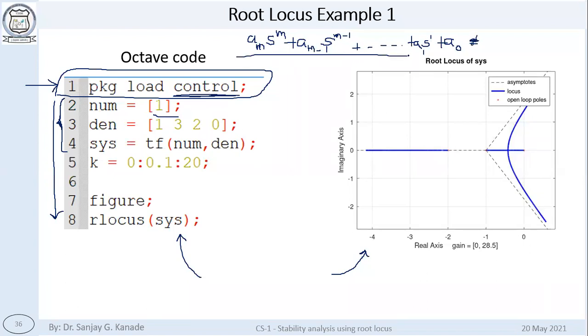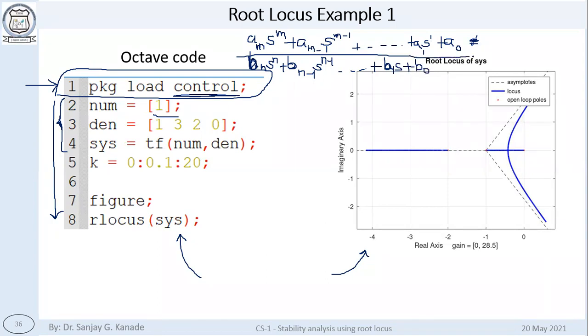And in the denominator, similarly, we will have a_n s raised to n plus a_(n-1) s raised to n minus 1, and likewise we will go up to, or instead of a, we will take b here in the denominator, that would be better for us. b_(n-1), and here it will be b_1 s plus b_0.